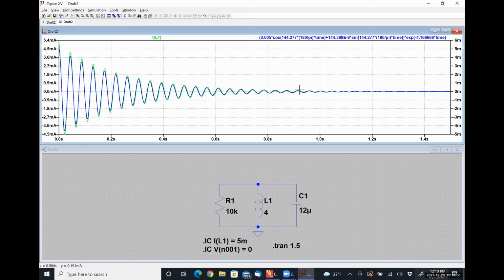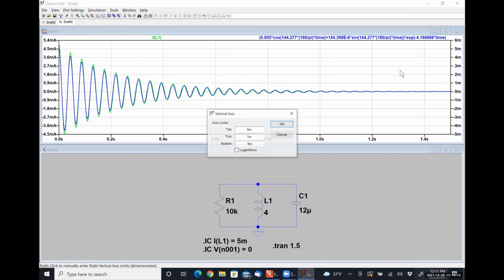Anybody tell me what the problem is here? The scale on the left-hand side and the scale on the right-hand side are not the same thing. So we need to fix that. So make it from 5.4 to negative 4.5.